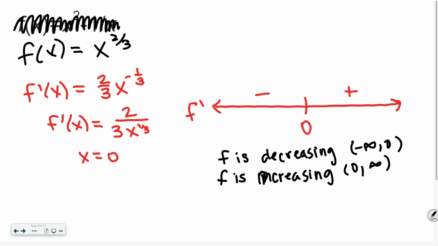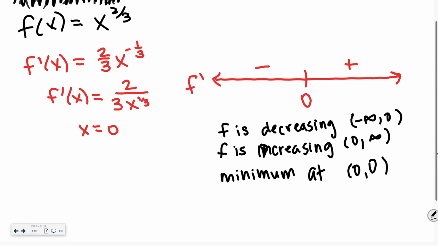What else do we know? We have a minimum. Our first derivative is changing from negative to positive, so we know we have a minimum at x equals 0. More specifically, (0, 0). That was yesterday, right? Let's keep going.